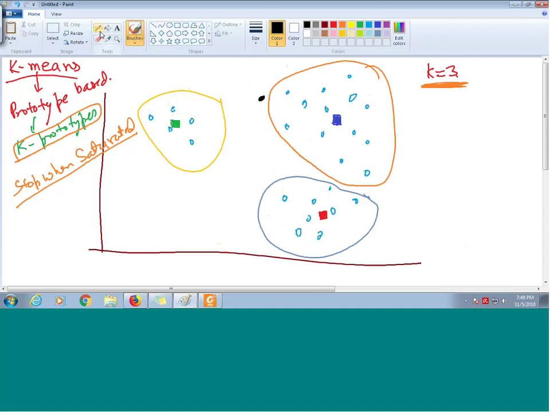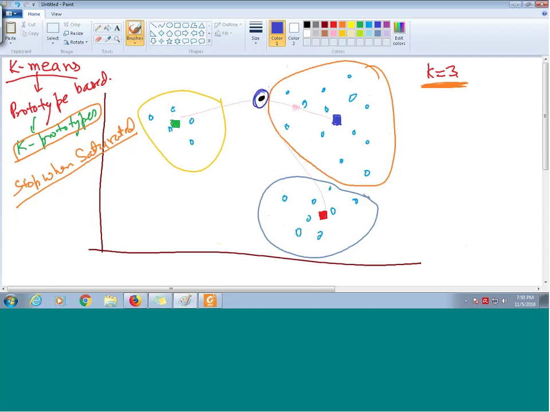It looks like an easy problem, because you can say that I would measure the distance of this item from all the centroids only, and try to see which is the minimum one. It looks like the minimum one is this one. So therefore this particular point is assigned blue.